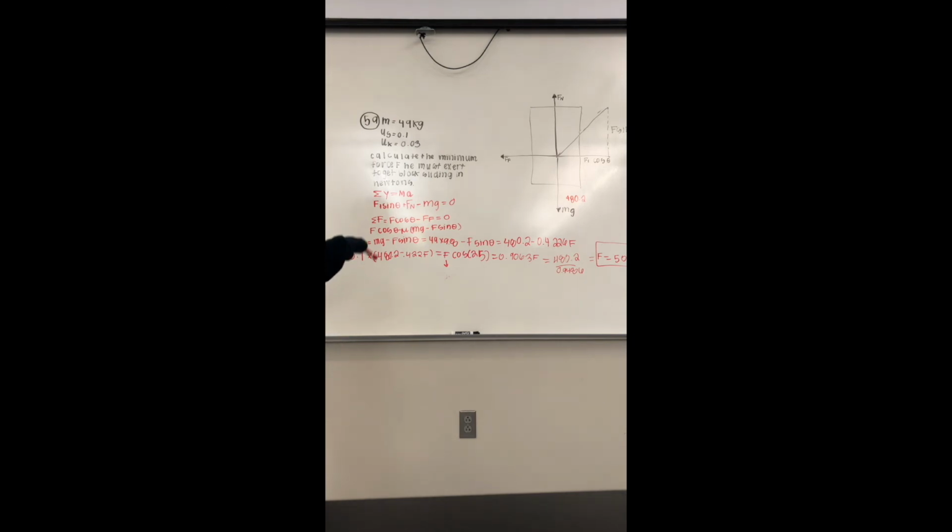Then I just used sine theta, cosine theta, force of friction, all of the values that I had known, my mass value, plugged into an equation that I just showed you how to do, and then I solved for F. So we got 0.9063 by finding cosine 25, and that gave us 50.622 newtons.